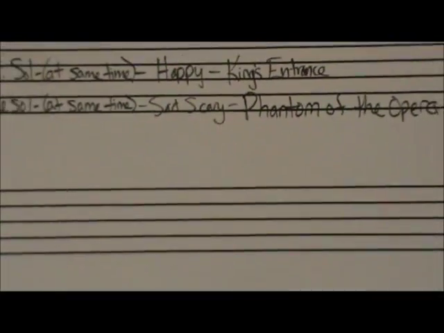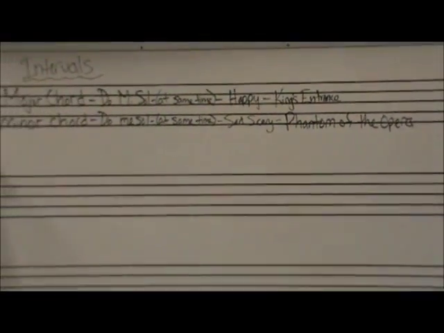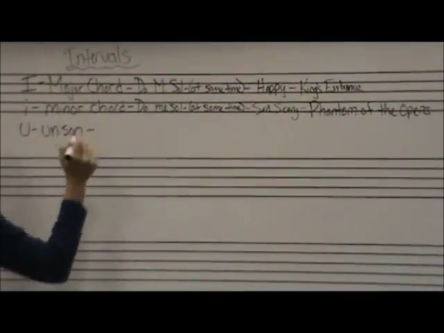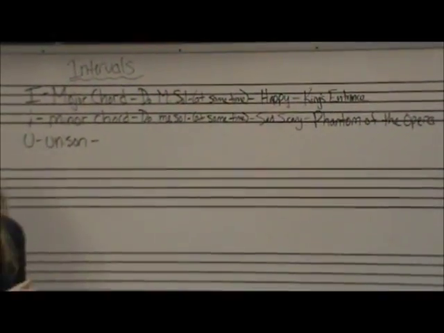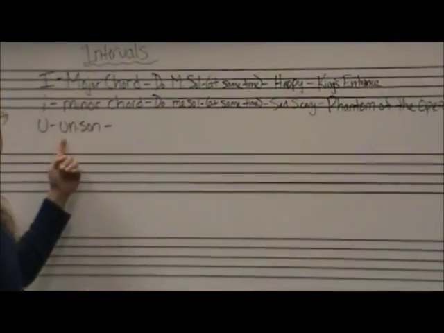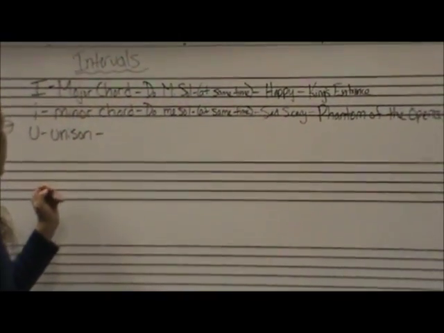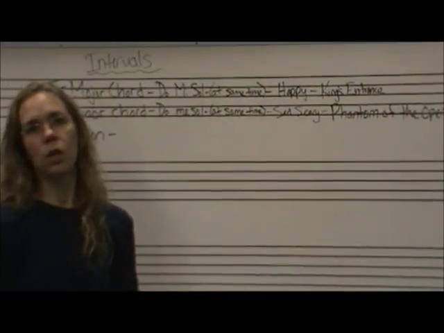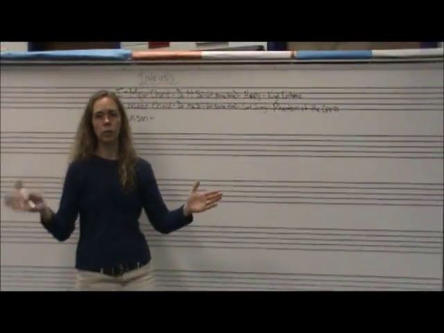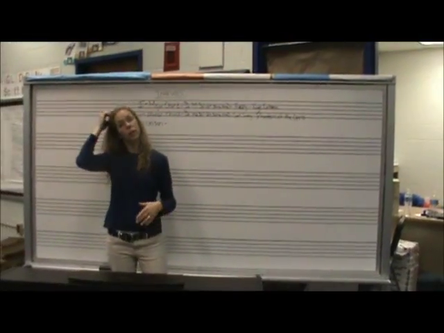Alright, then we have U, which is going to stand for unison. And if you think of like a unicycle has one wheel, or a unicorn has one horn, uni means one, and so this is like one sound. You're going to see music for chorus, unison when you want the sopranos and altos, and maybe even the guys to sing together.